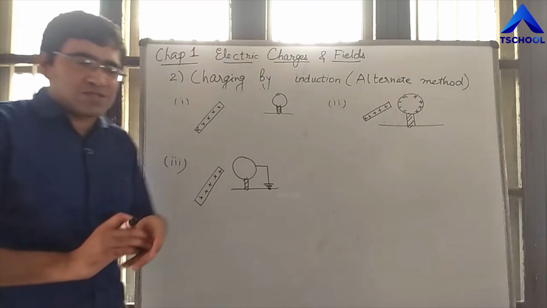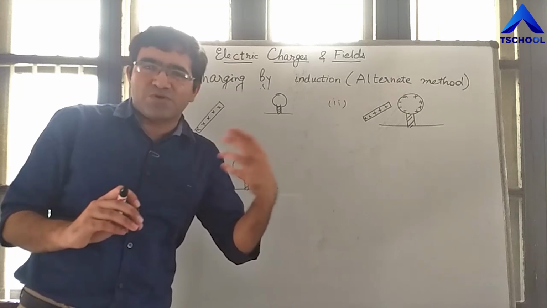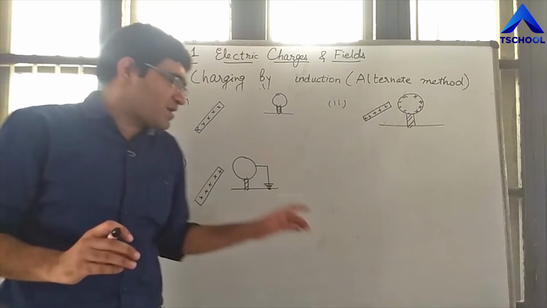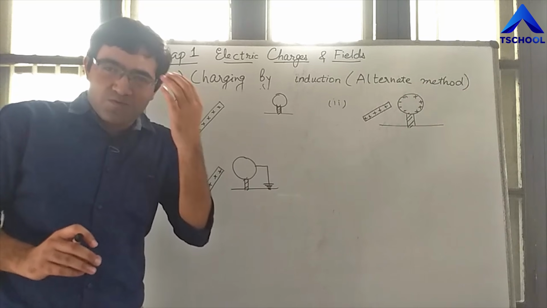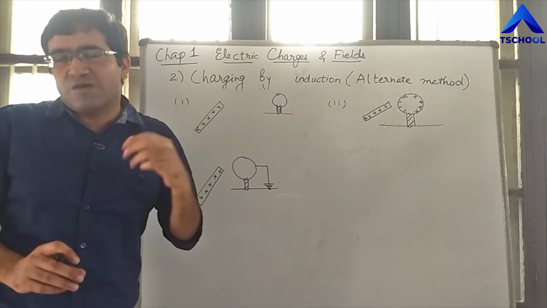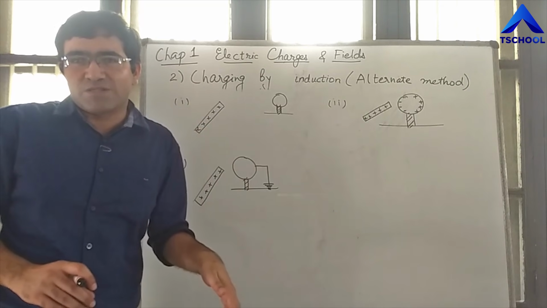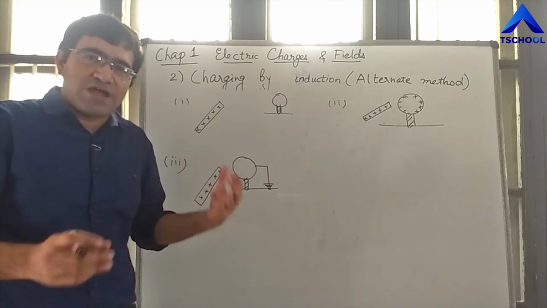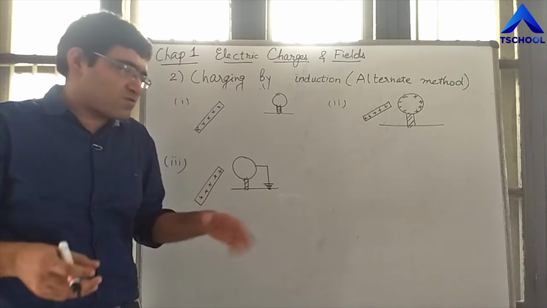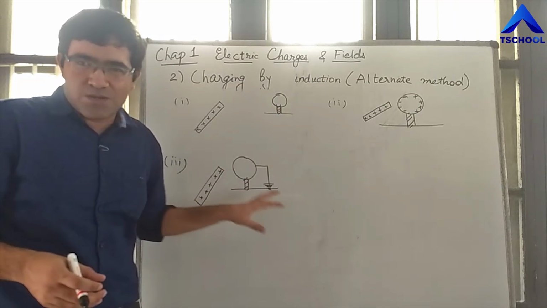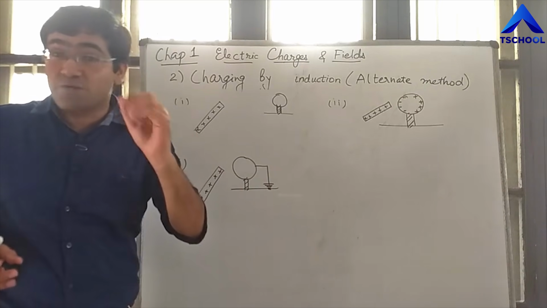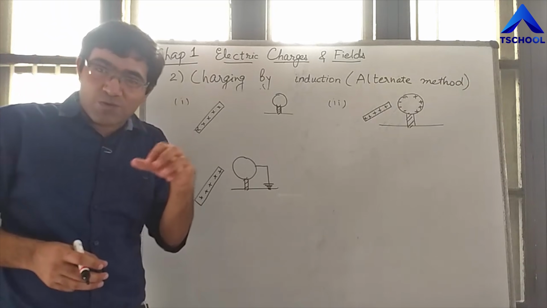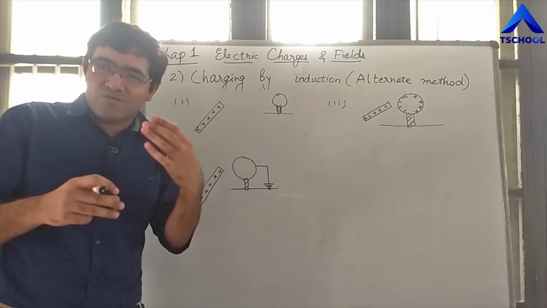Most of the times it means putting it in contact with the ground by using a metal wire. You may have noticed that earthing wires in your house go pretty deep inside the ground, so even that is a very good level of earthing. For most situations like this where you are charging objects, just touching the ground works very well. I'm also going to demonstrate what happens when you do that very shortly.